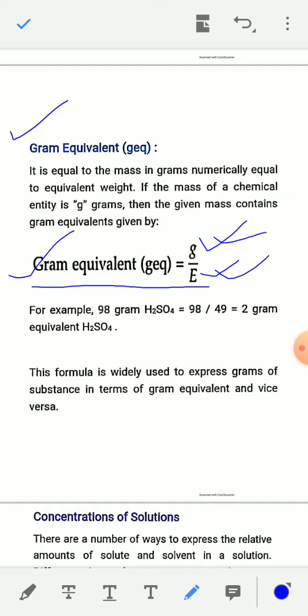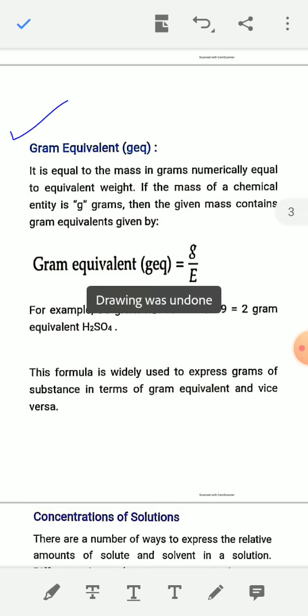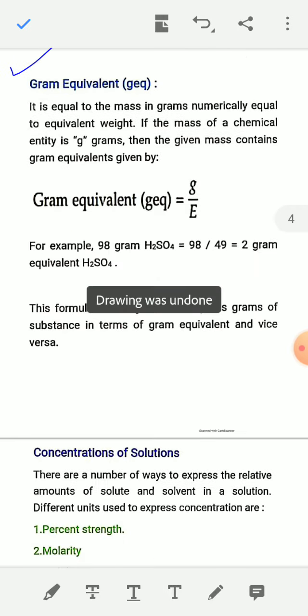For example, 98 gram H2SO4 means 98 divided by 49, that is 2 gram equivalents of H2SO4.